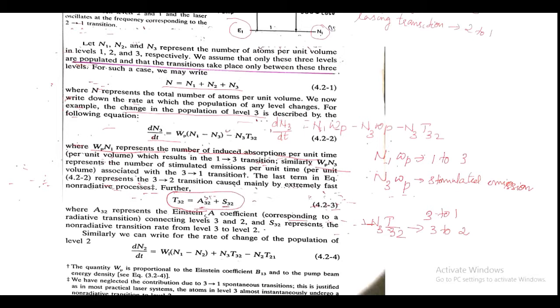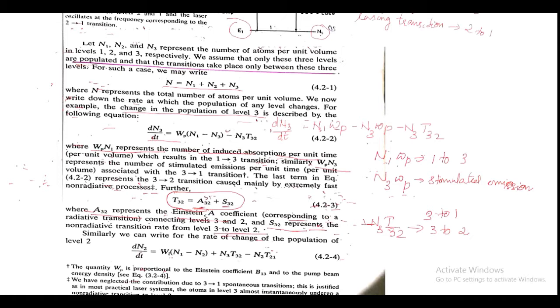Here A32 represents the Einstein coefficient A corresponding to a radiative transition connecting levels 3 and 2. Here S32 represents the non-radiative transition from level 3 to level 2.